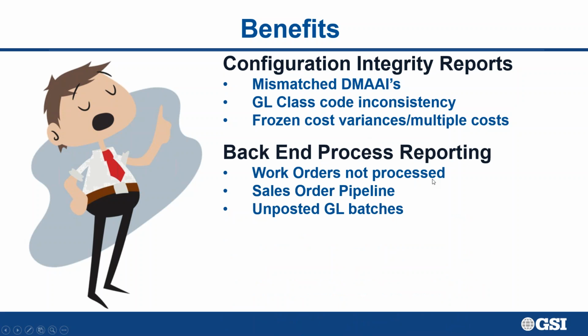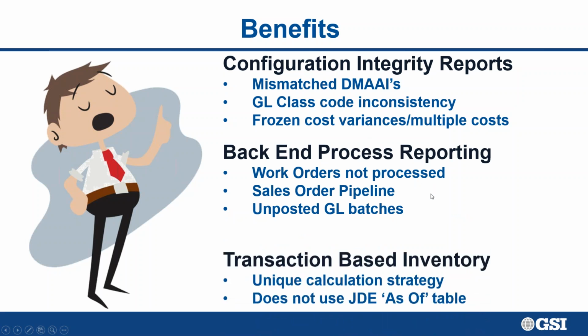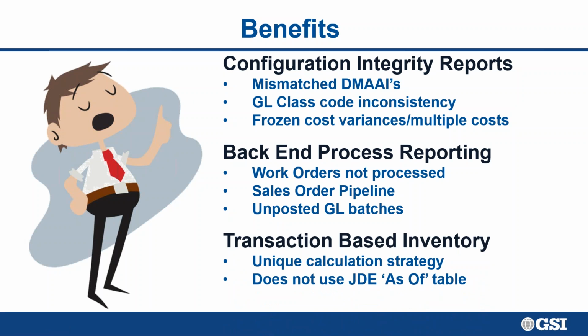Okay, we have some back-end process reporting on work orders, sales orders, and your batches, and we do transaction-based inventory, not a snapshot. Snapshots are tough, especially when you're talking about manufacturing and sales, where the transactions don't get booked till later in the day, especially at period end.